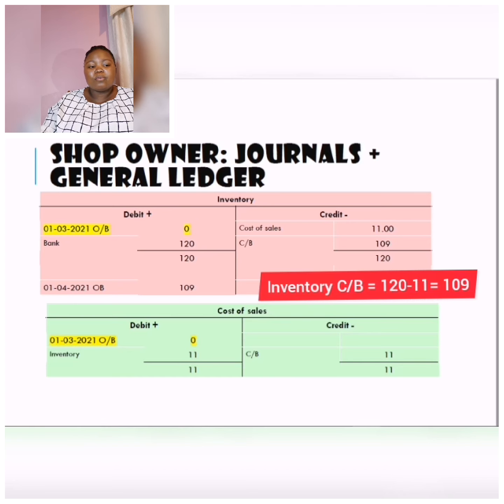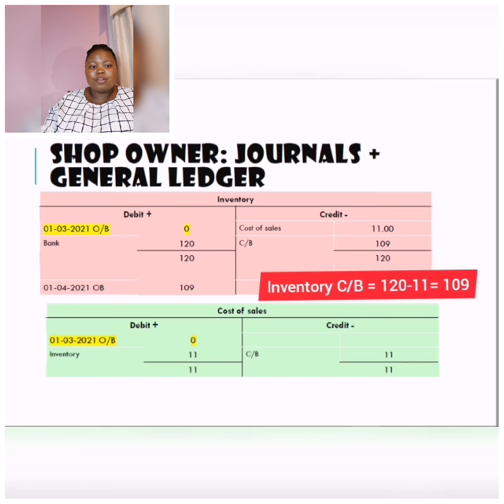So that's the reason why we wouldn't eliminate the expense, and it's not a capital balance. So there's no need to eliminate. You only eliminate your inventory and then transfer it to your cost of sales. So here's the general ledger on how it looks.